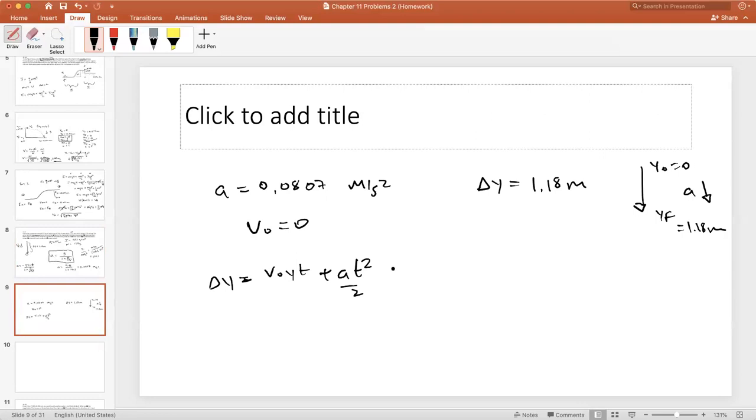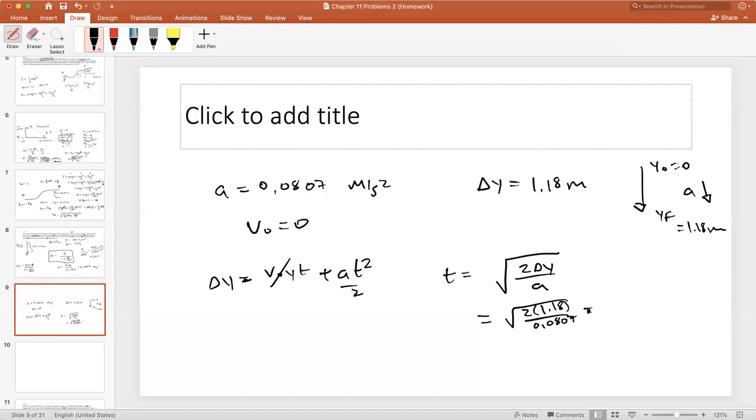So we have our a, and solving this, noting that this is 0, we get that t is equal to the square root of 2 times delta y over a. And for me, that is 2 times 1.18 over 0.0807. Let's see what that is.